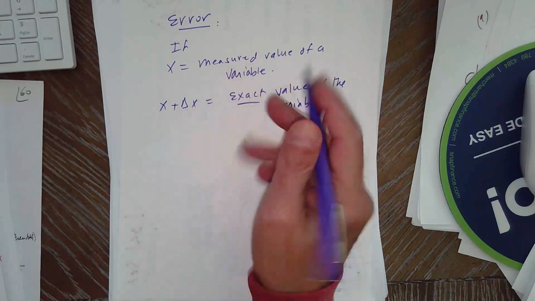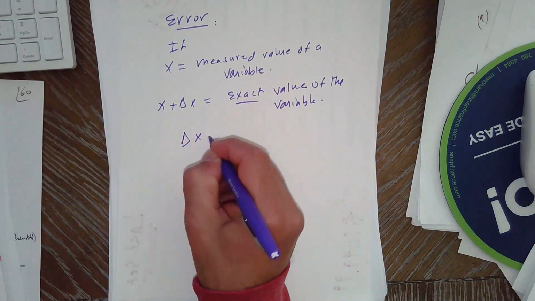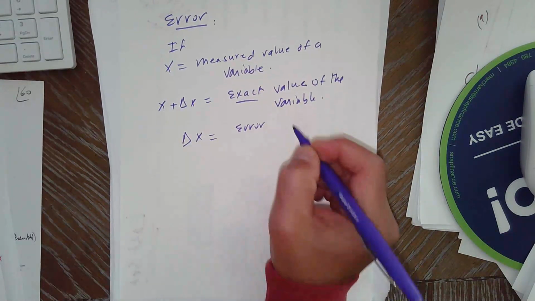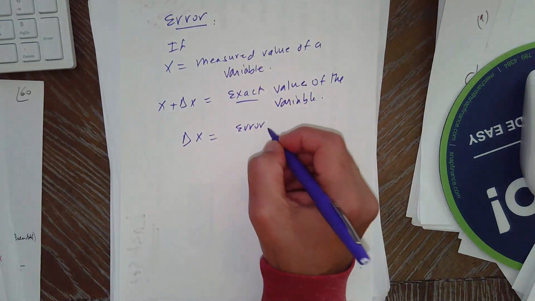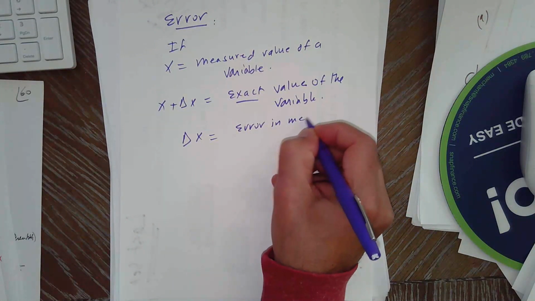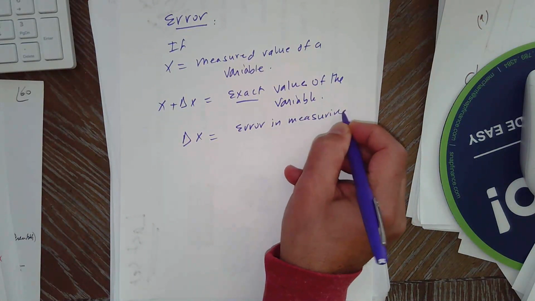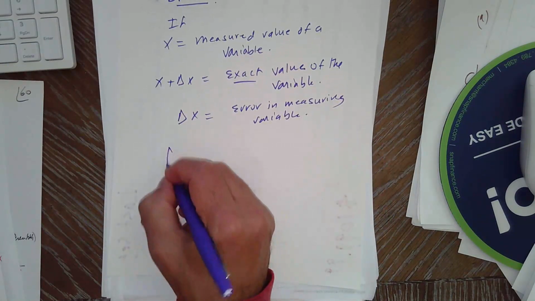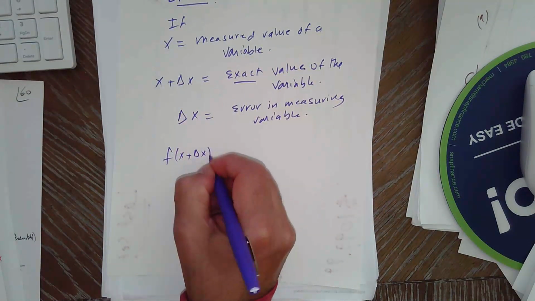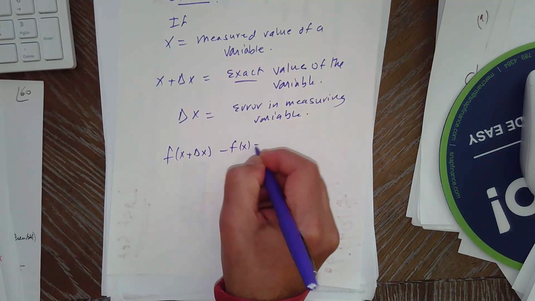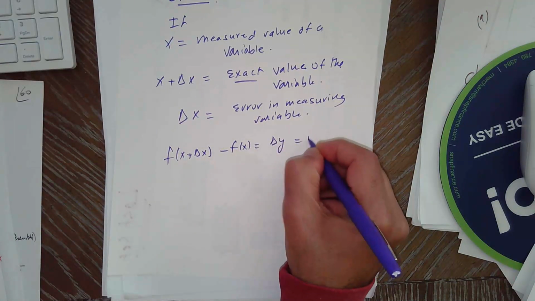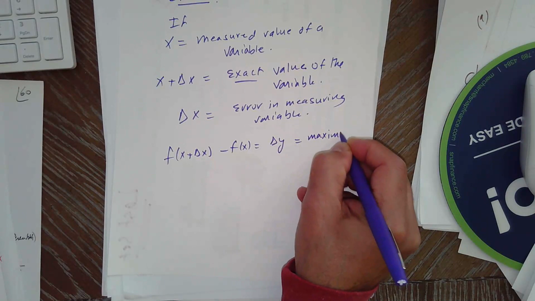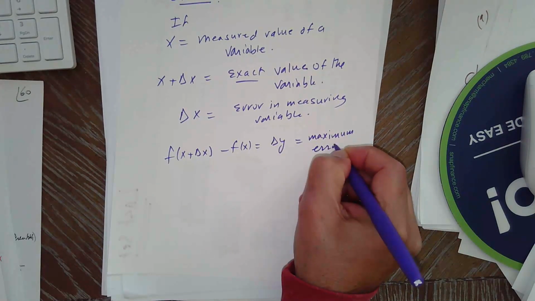So the difference between measured and exact is the error, because there's always a margin of error when you measure anything. Error in measuring the variable. Also, when you do f of x plus delta x minus f of x, or delta y, this is called maximum error in y, in measuring y.